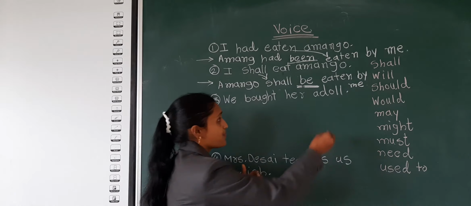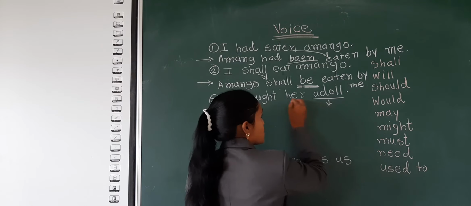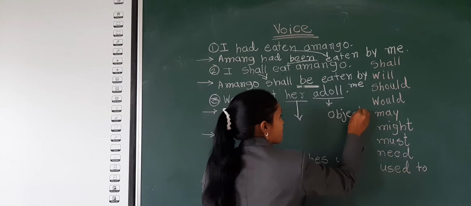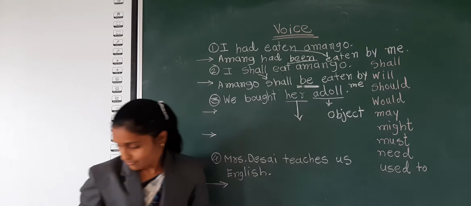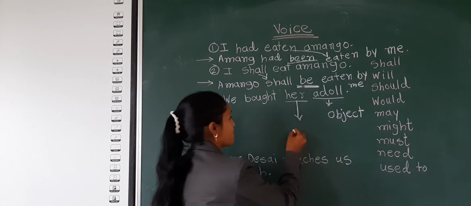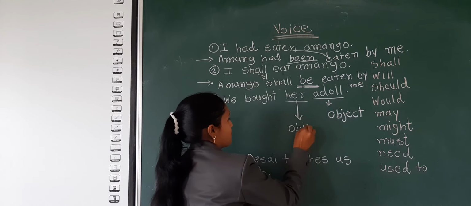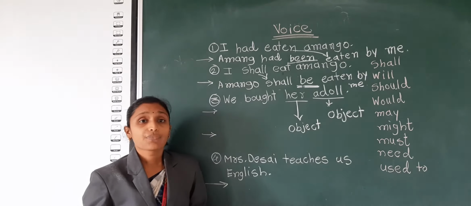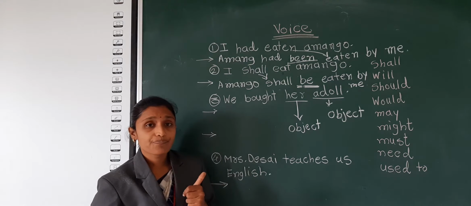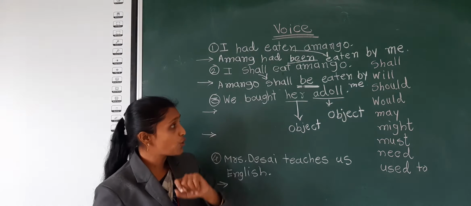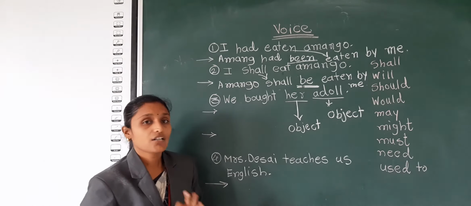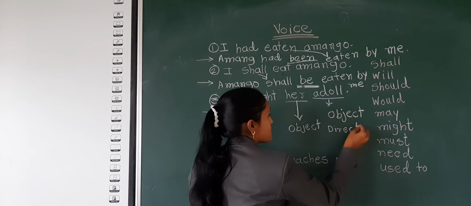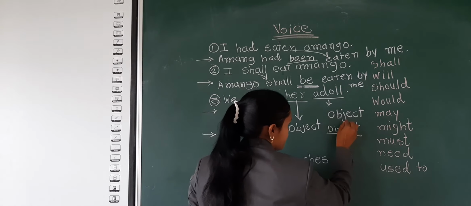See, "her" and "a doll" are both object terms. Which thing did you buy? Automatically, a doll. So this is the direct object term.